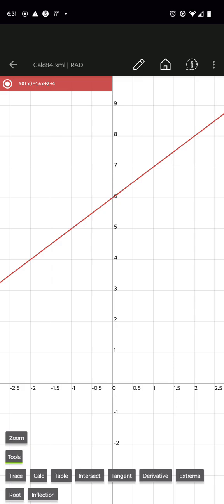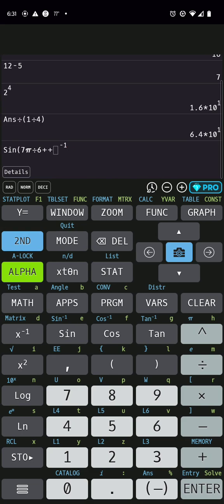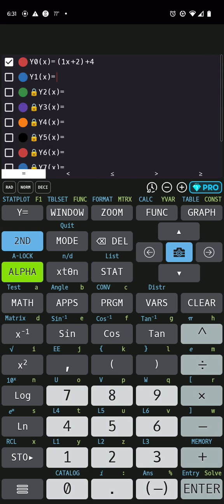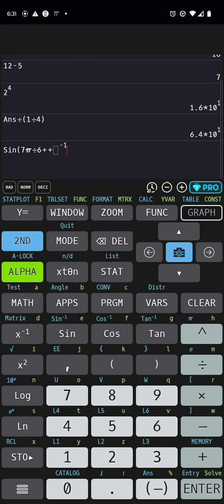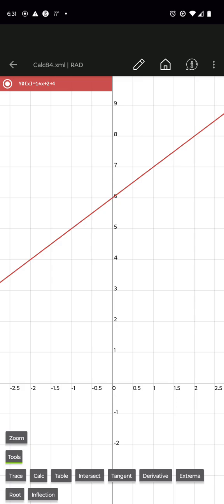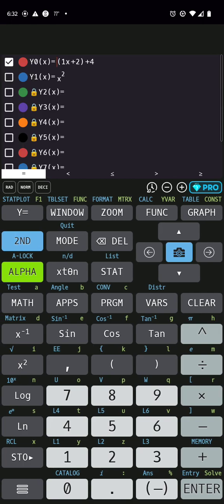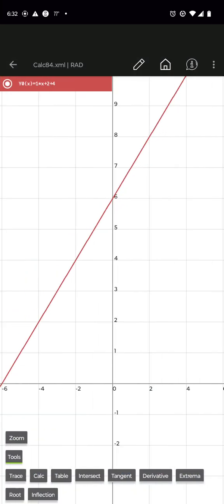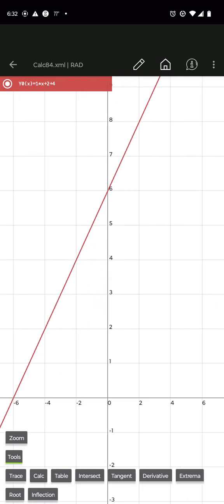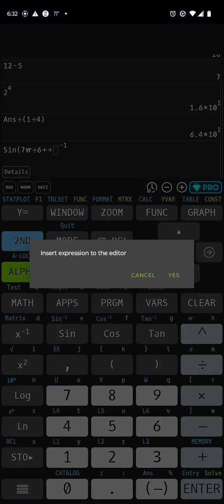Jeez. I thought this was more like this type of function. Oh yeah, I didn't activate it.